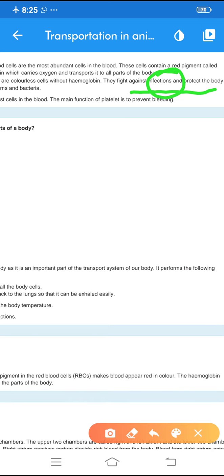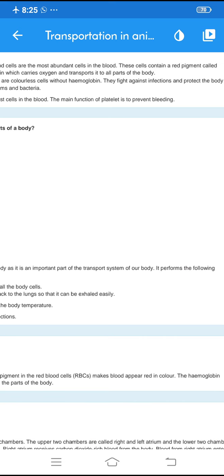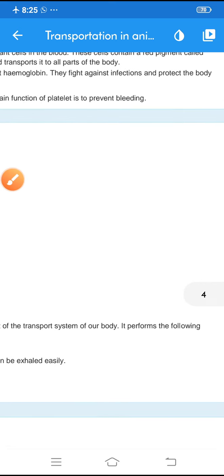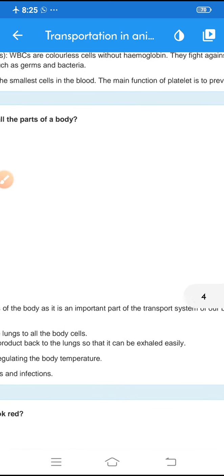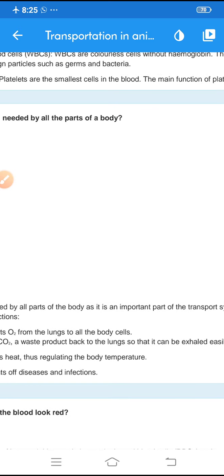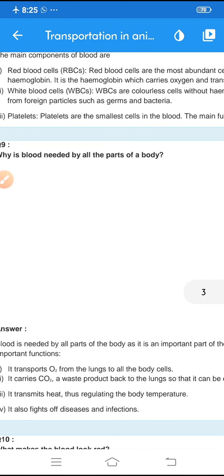So in order to protect us from them, they fight against the infections and protect the body from foreign particles such as viruses, germs, bacteria and fungi.